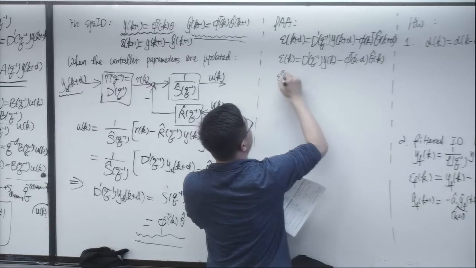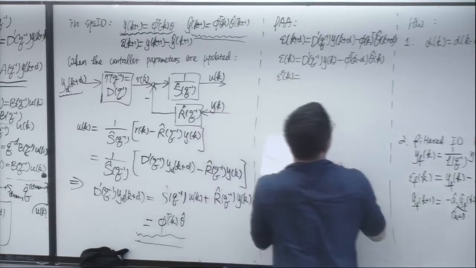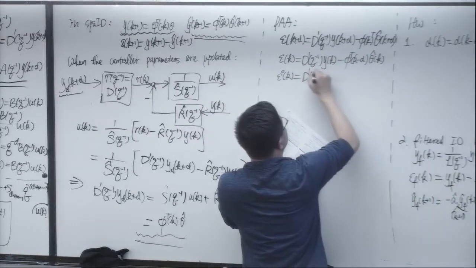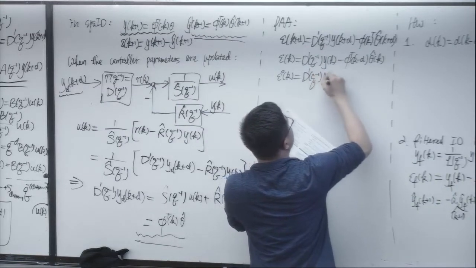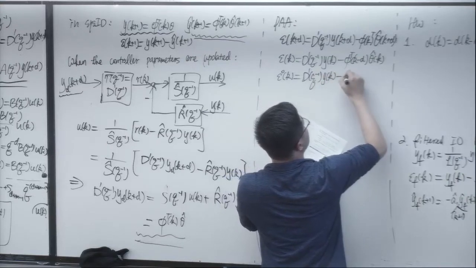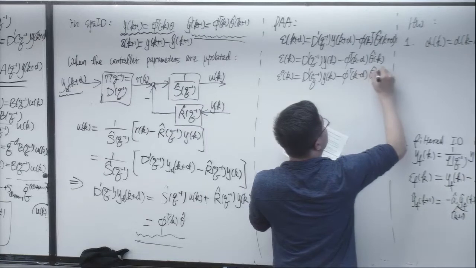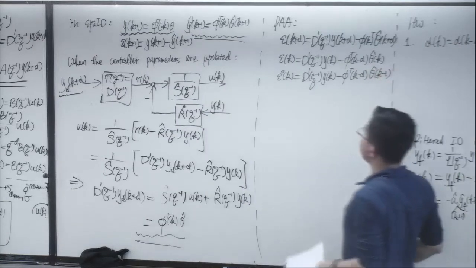This is the a posteriori, and the a priori is going to become d prime q yk minus phi theta hat k minus 1.